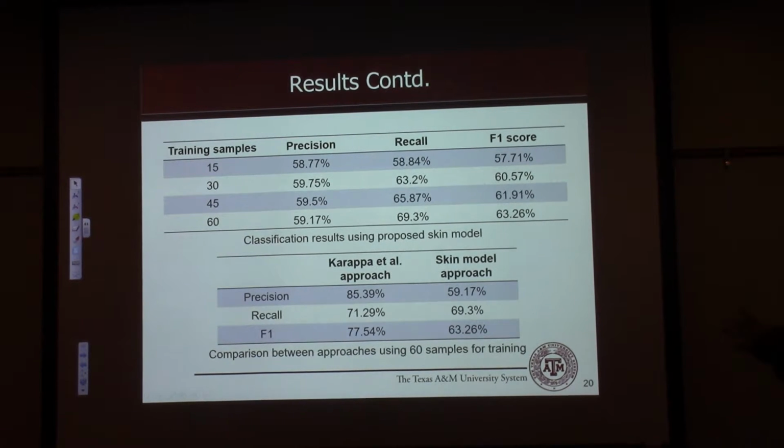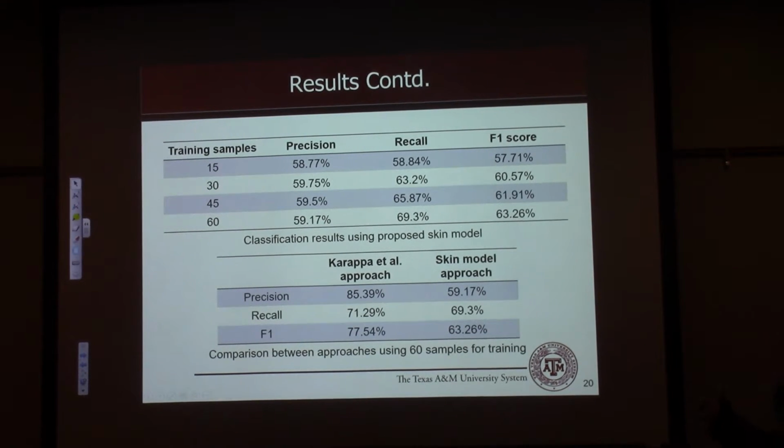And then when we segment those videos and we perform the classification test, these were the results that we found. We used training samples from 15 to 60 using 15 increments, and the bigger the training set, the better the results.